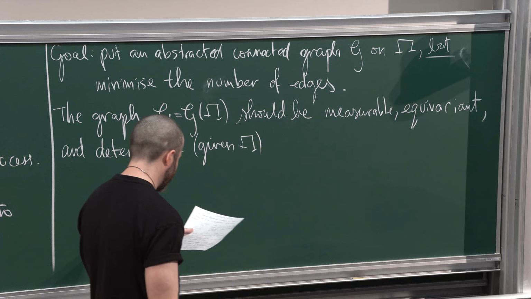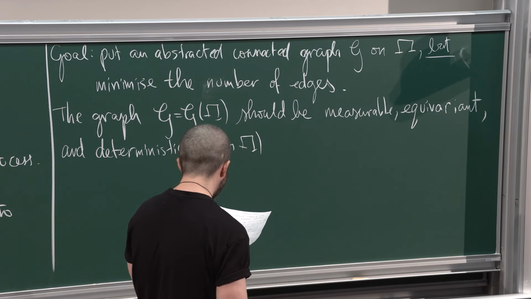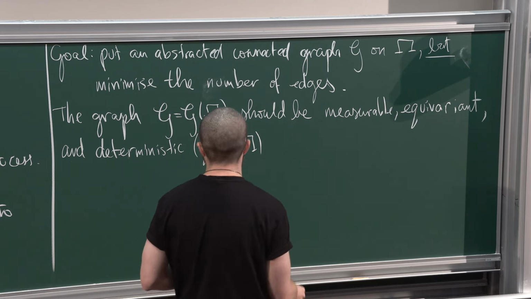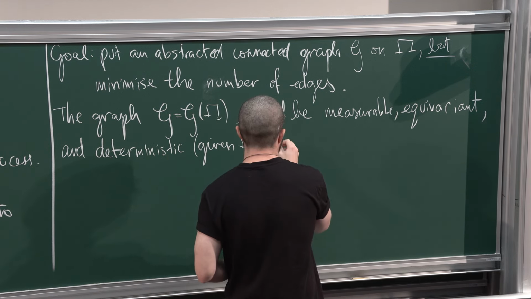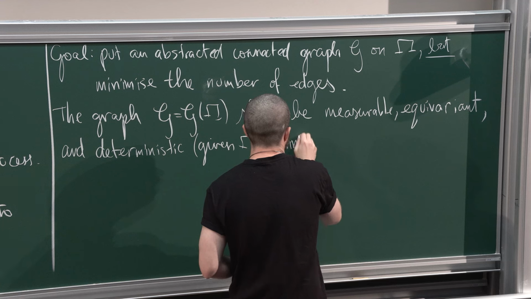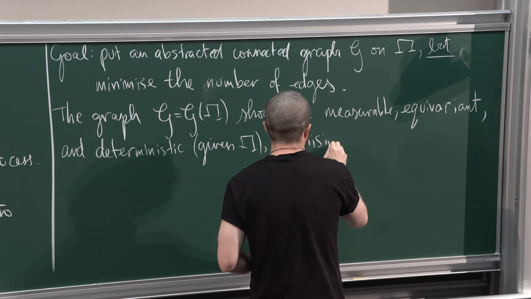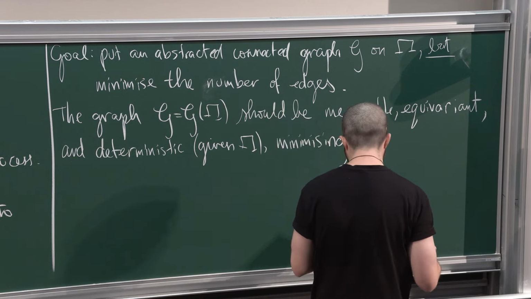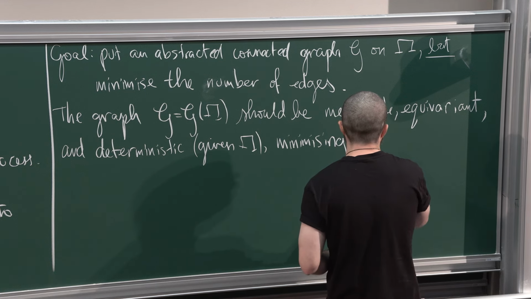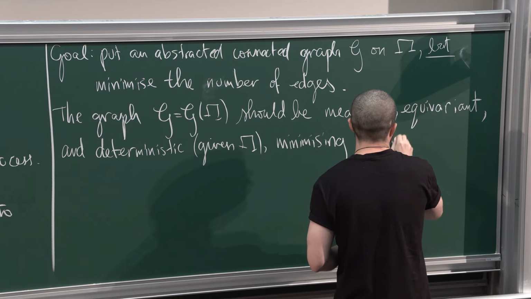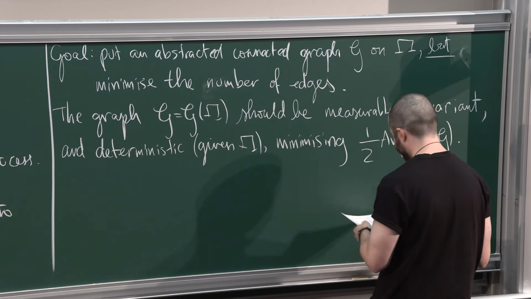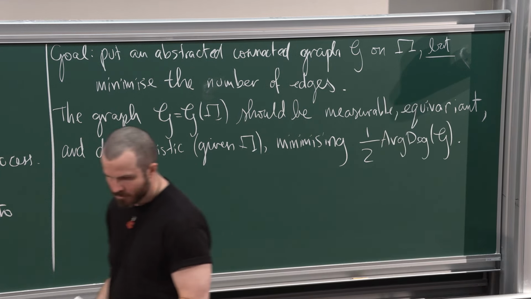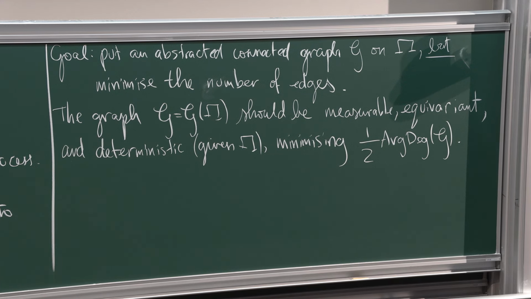Okay, I'll explain more about what this means. And what you want to do is minimize, in an infimal sense, one half of what I'll call the average degree of G. Okay? So this is the cost optimization problem.